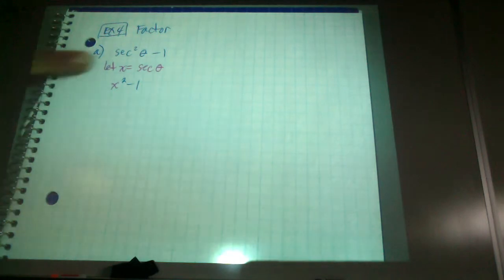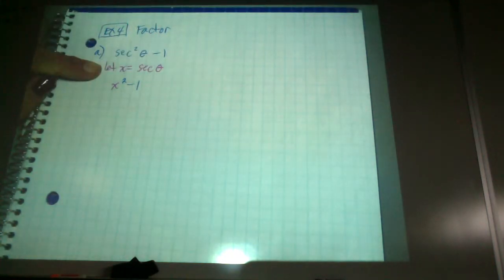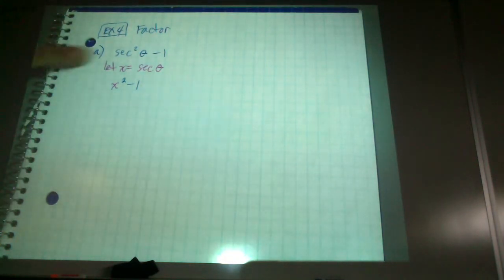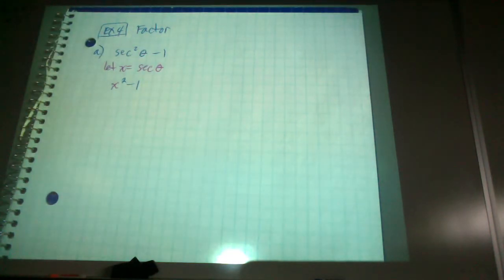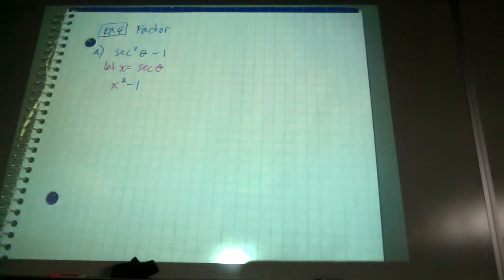We're factoring, so I'm trying to make it look simple. Some people don't need to do this substitution. You can factor this to our final answer without it, but for some people who don't want to look at it that way, you could choose to replace the trig function with just an x. But you have to resubstitute back in everything.